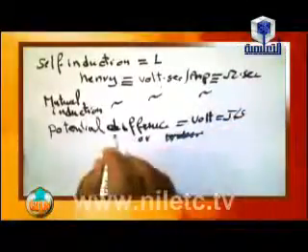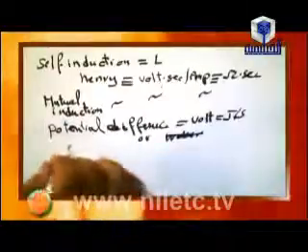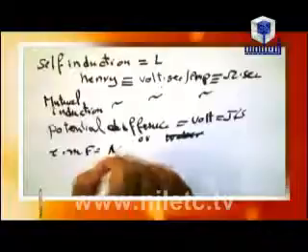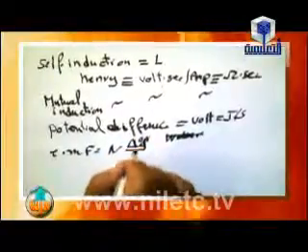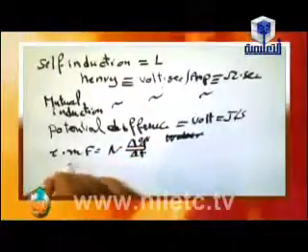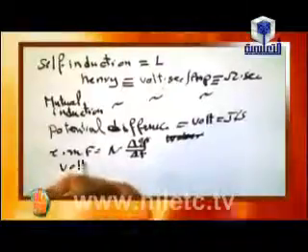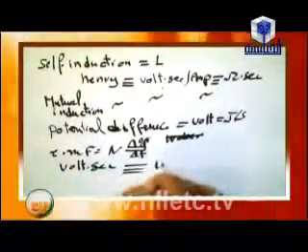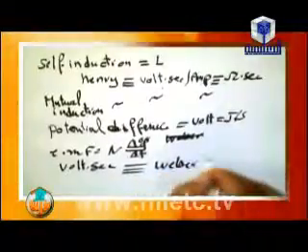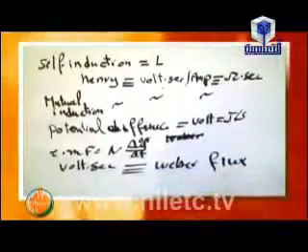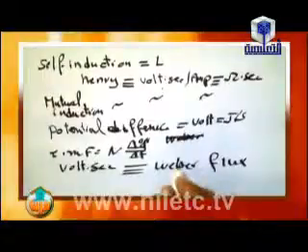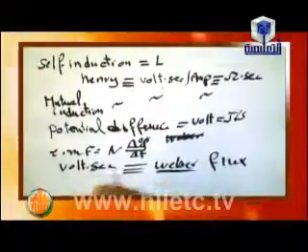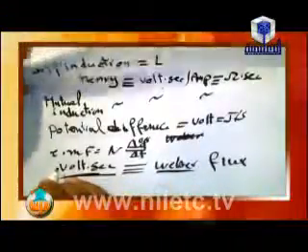Also, we know that from Faraday's law, EMF equals N delta phi over delta T. So the EMF unit, volt times second, is equivalent to Weber. Weber is the unit of magnetic flux only. So magnetic flux, its unit is Weber or volt second.